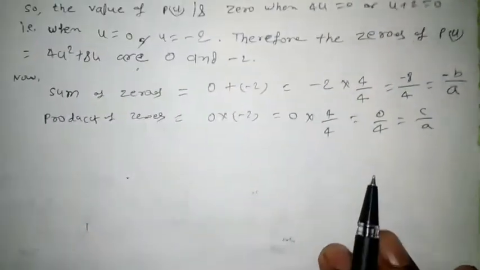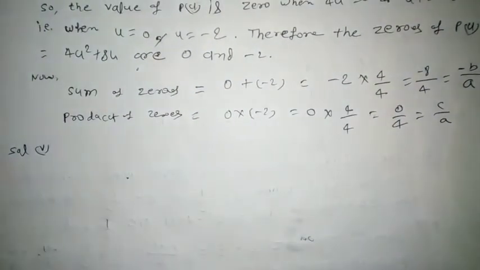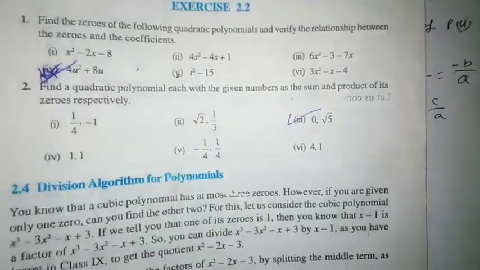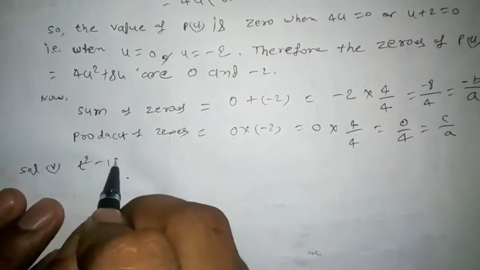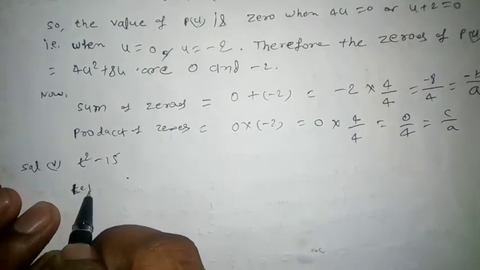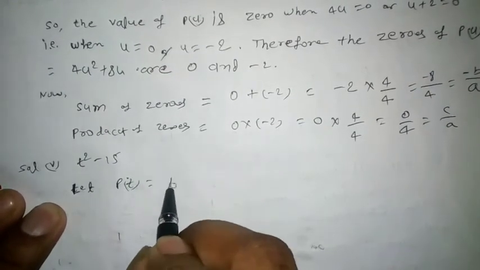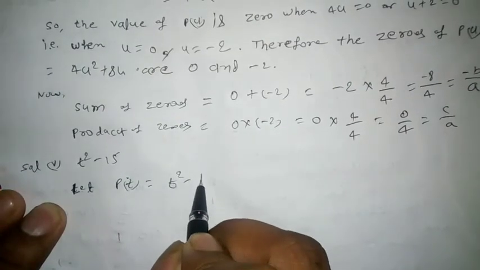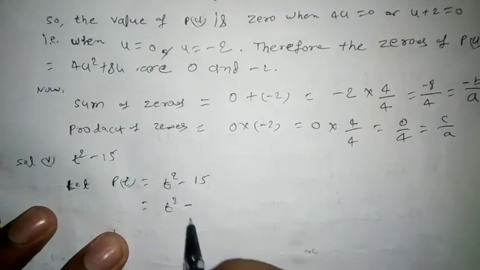Now solution 5. t square minus 15. Let pt is equal to t square minus 15.